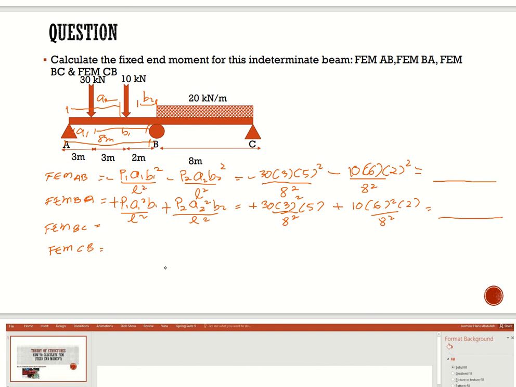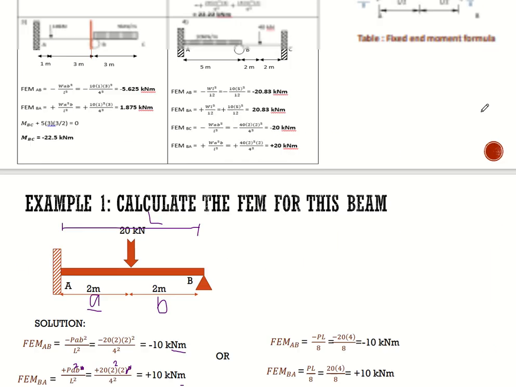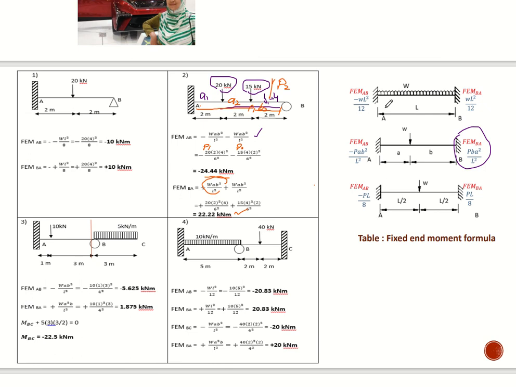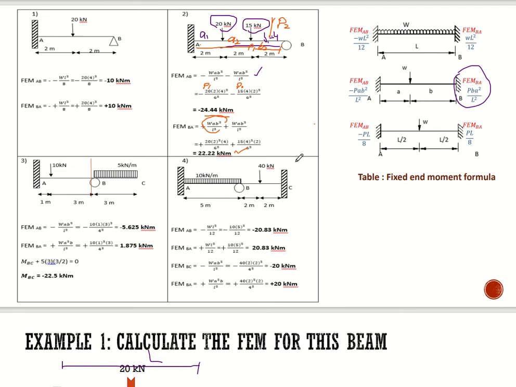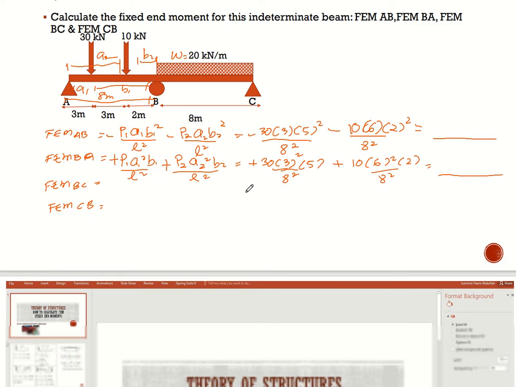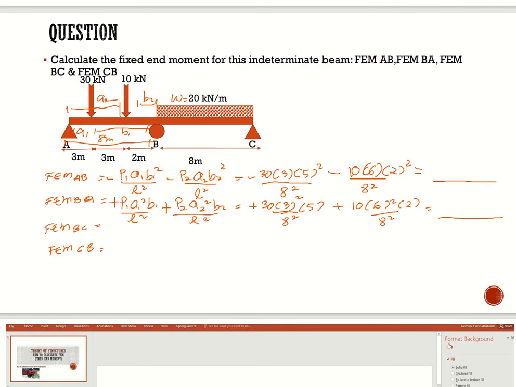And now we look at the BC. For BC, we have one load on it, which is the uniformly distributed load. So for the uniformly distributed load, we use the first formula, which at the left side of the beam is negative WL square divided by 12. So you only have one force subjected to the BC beam.